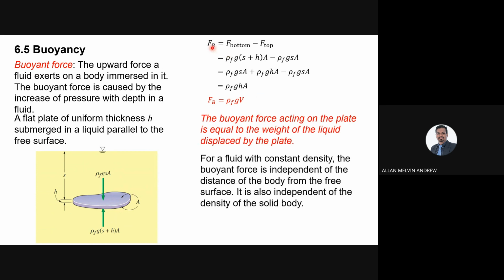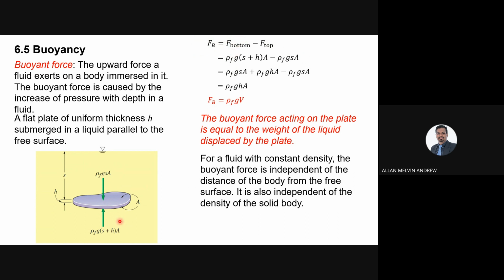Okay, so FB, not Facebook. FB is buoyant force. It is the force at the bottom minus the force at the top, because you have two surfaces that are exposed. Usually the force acting on the bottom surface will be bigger.